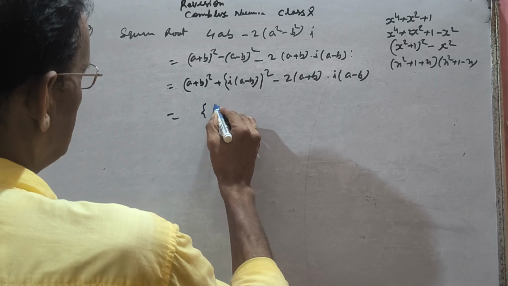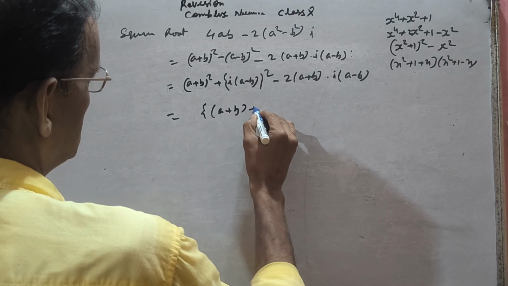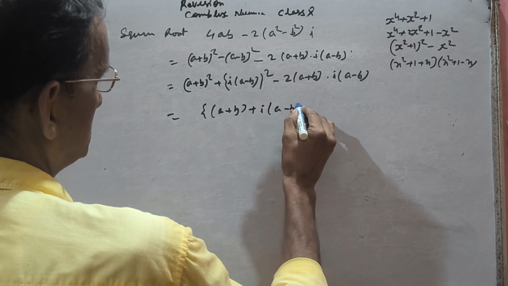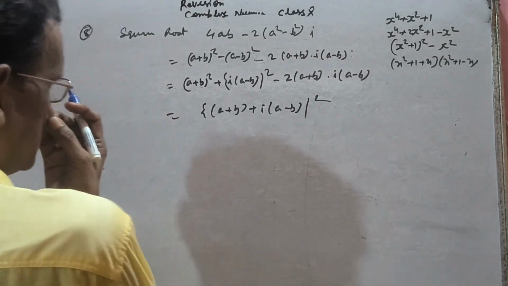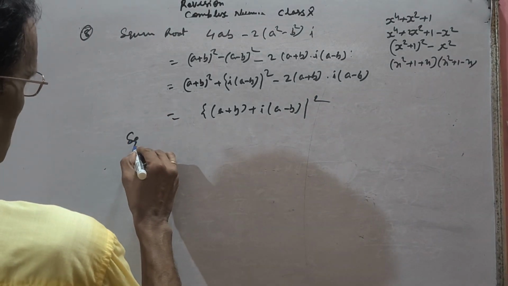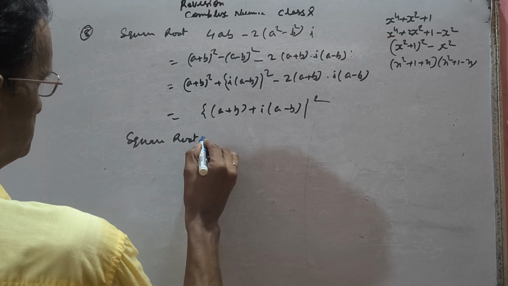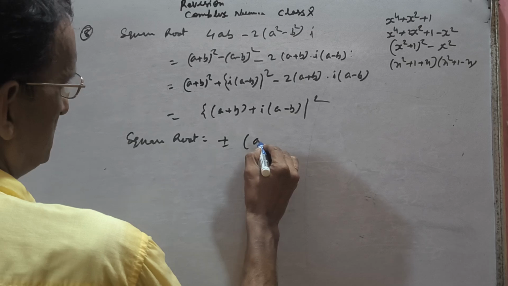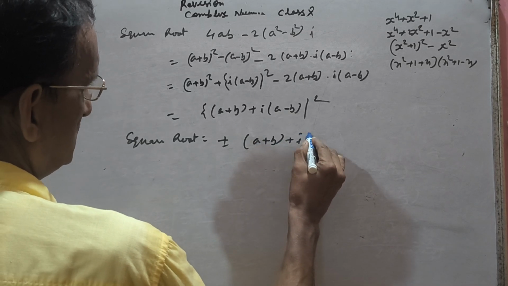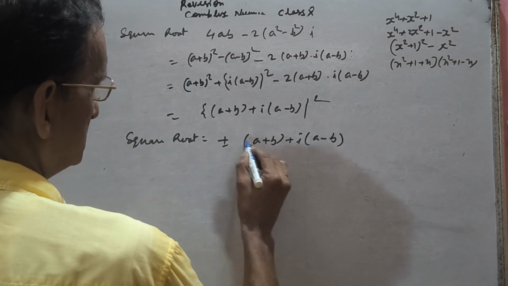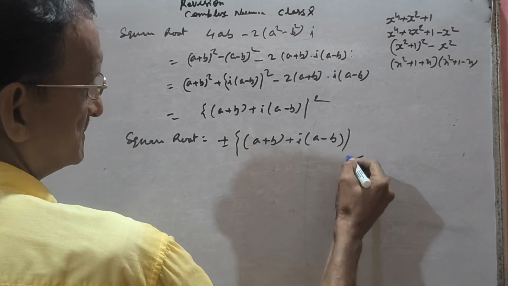So the formula is (a + b + i(a − b))². So now you can find the square root. The square root equals ±(a + b + i(a − b)). Keep it in the bracket. This is the answer.